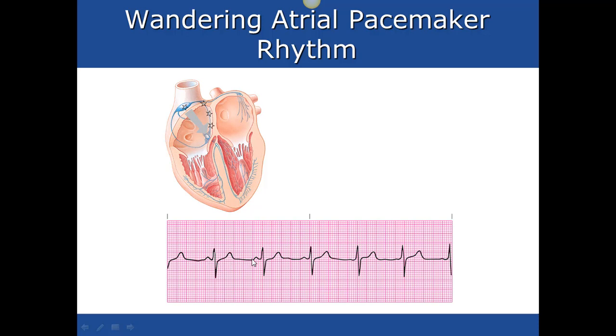This one looks very similar to it. This one begins to flatten out a bit. This one we see just a tiny notch in here, and this one gets even smaller, as does this one as well. The QRS itself is about 0.08 seconds, and it is normal and upright. As a result, this would be wandering atrial pacemaker.